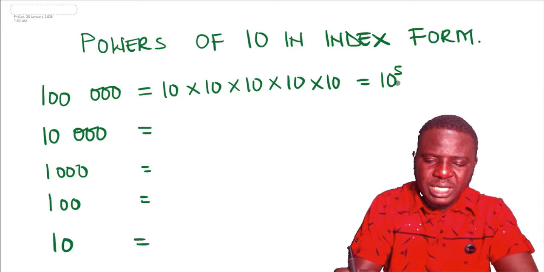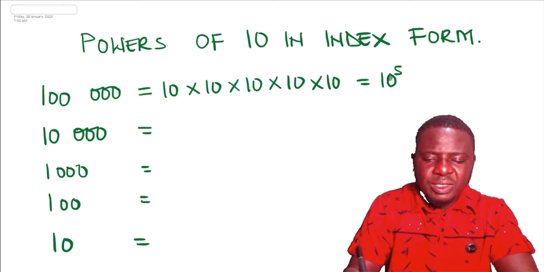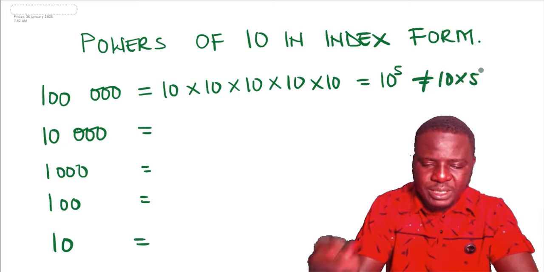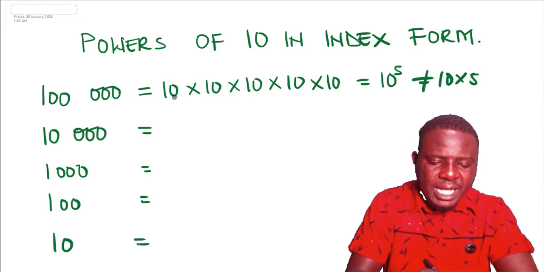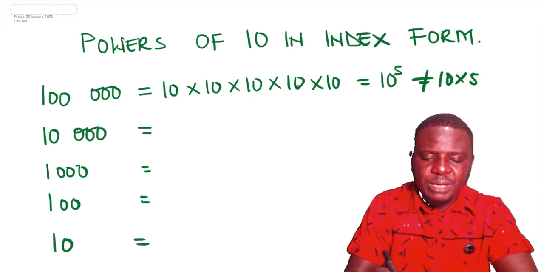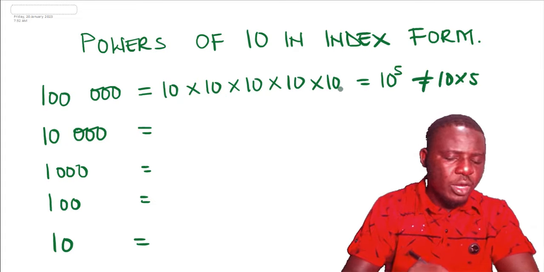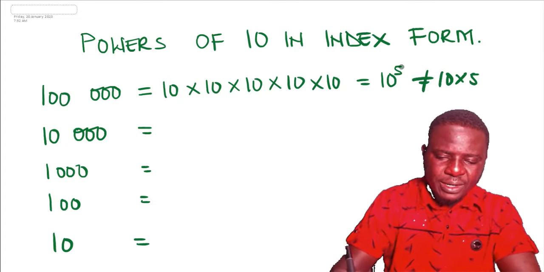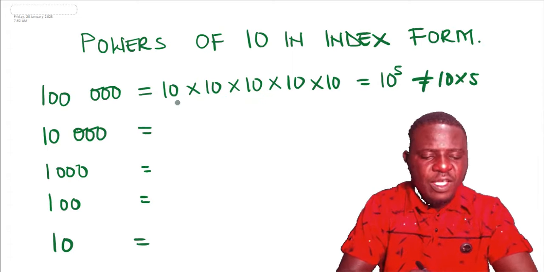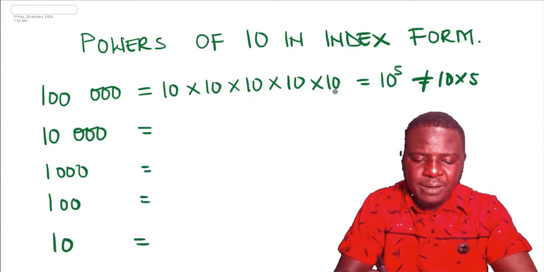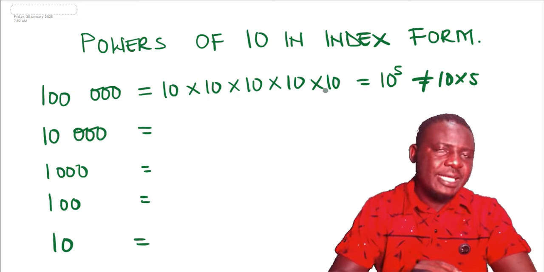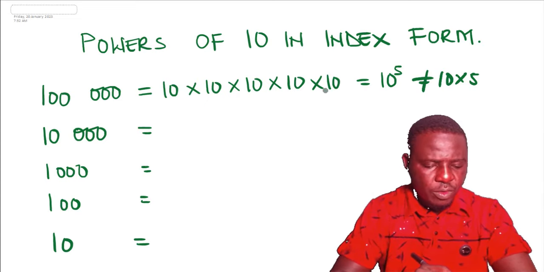So that can be written as 10 multiplying itself 5 times. This is not equal to 10 times 5, so please take note, but rather 10 times 10 times 10 times 10 times 10 will give you 100,000, which we can write as 10 raised to the power of 5, because there are 5 digits of 10 in here multiplying itself.